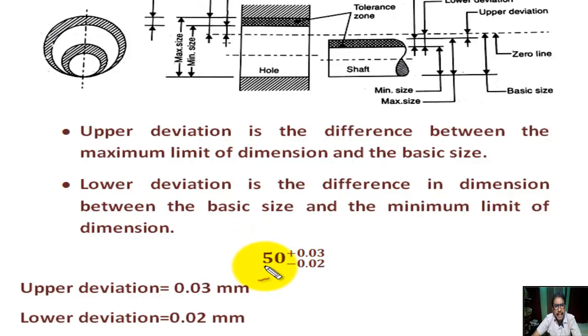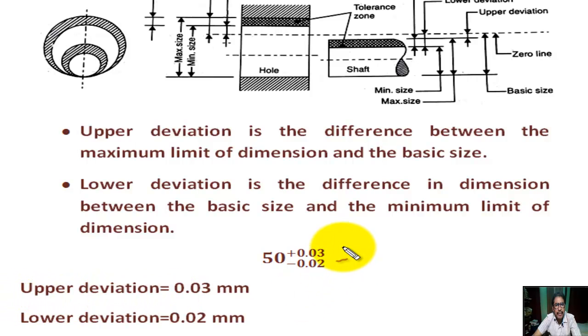For example, 50 plus 0.03 minus 0.02. Here 50 is the basic size, upper limit 50.03, lower limit 49.98.